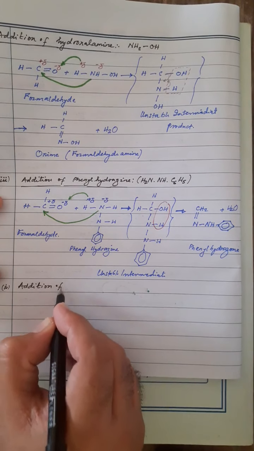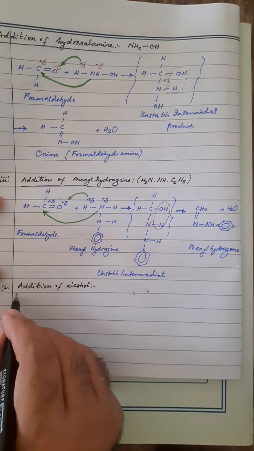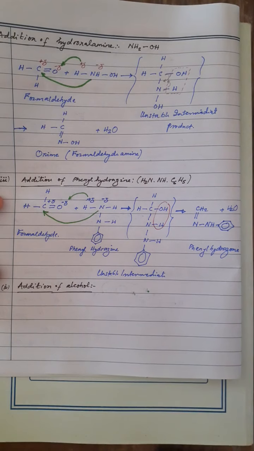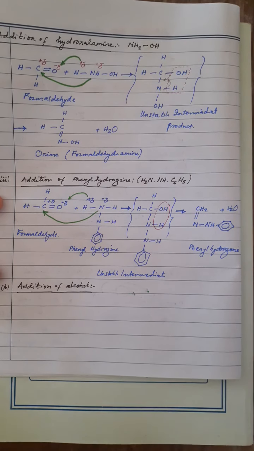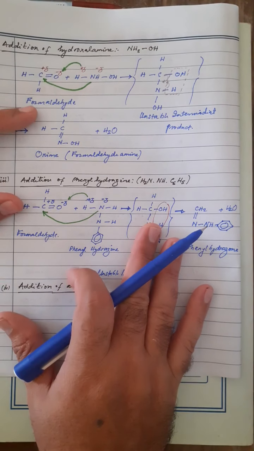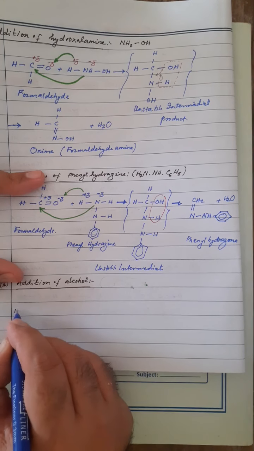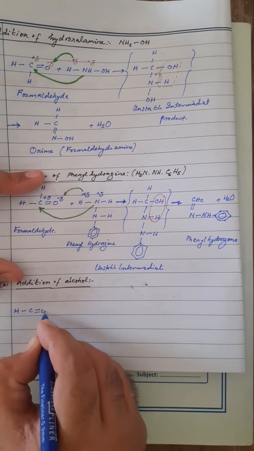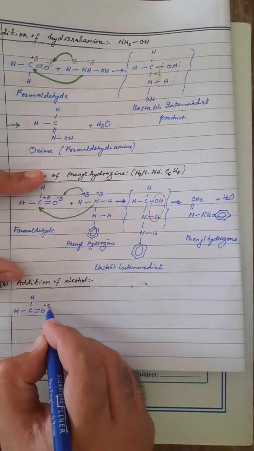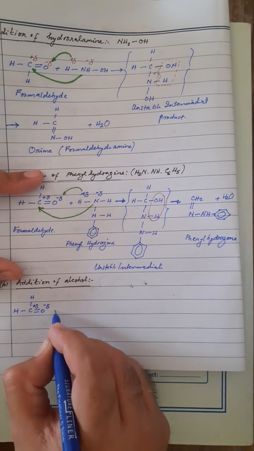Addition of alcohol. Now, alcohol can also be added to formaldehyde, and it will then produce a new strain of compounds. So this is formaldehyde, HC double bond O and H, with oxygen partial negative and carbon partial positive.